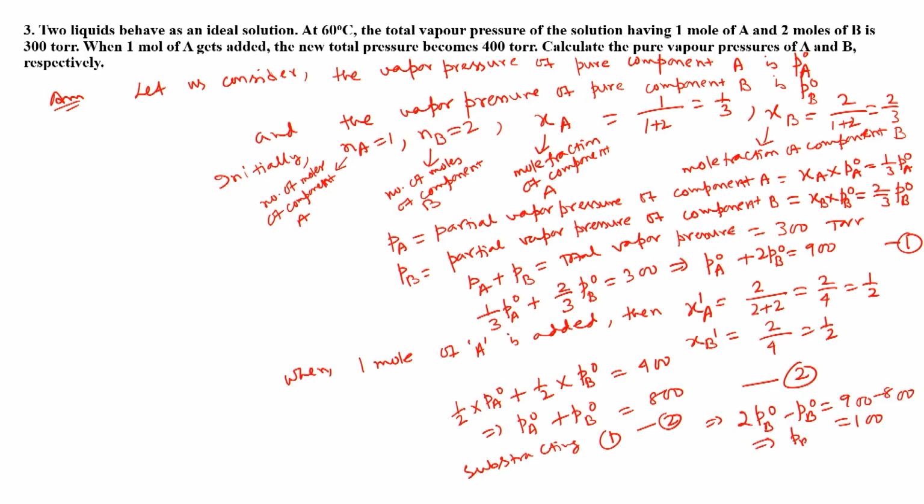So PB naught is 100, and PA naught will be, from equation 2, 800 minus PB naught, so 800 minus 100, we get 700. So PB naught is 100 torr, and PA naught is 700 torr.